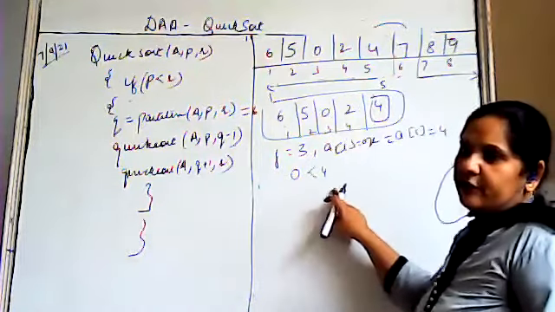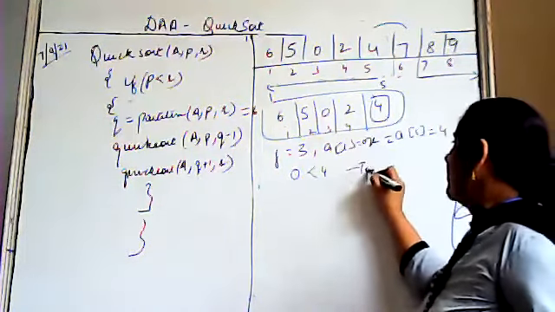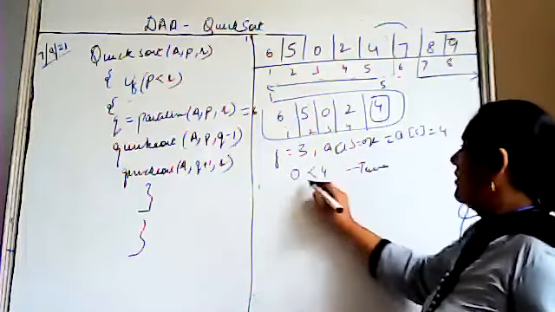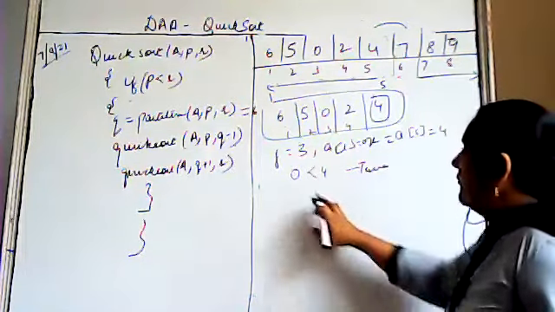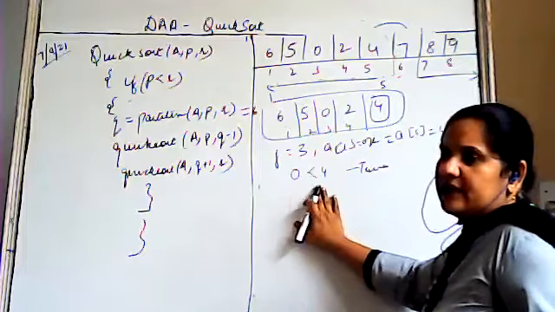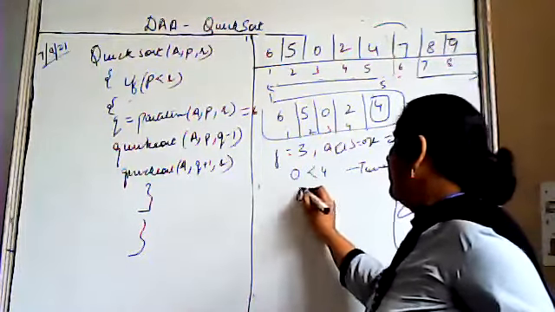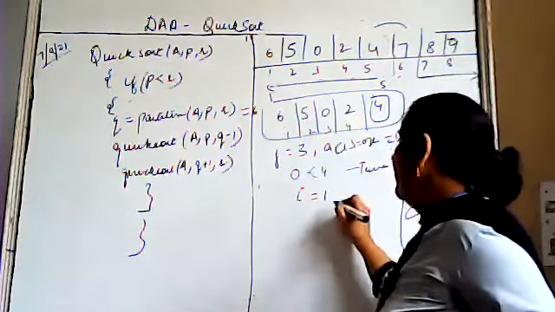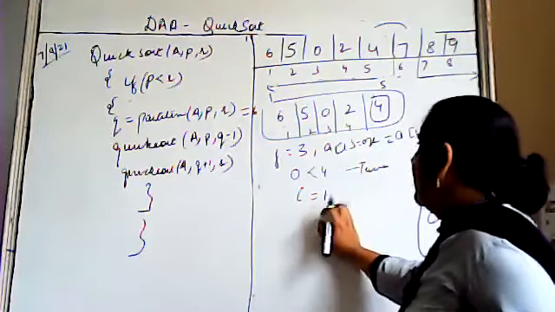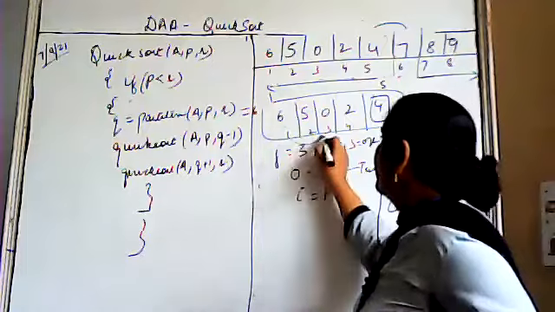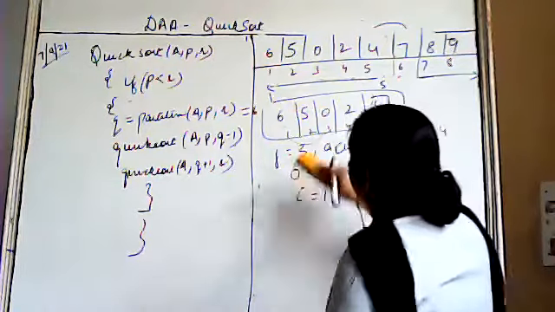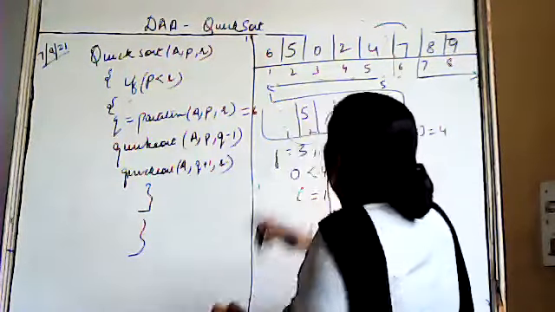So 0 is less than 4. Condition is true because A of 3 is less than my key. Now increment I by 1. So I will become 1. And exchange A of I with A of J. So exchange 1 and 3. So you will get 0 and 6 here.